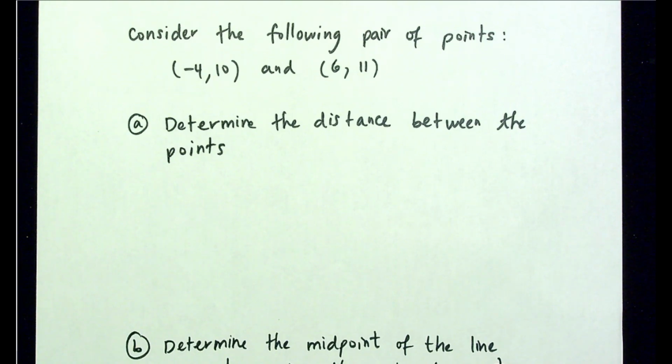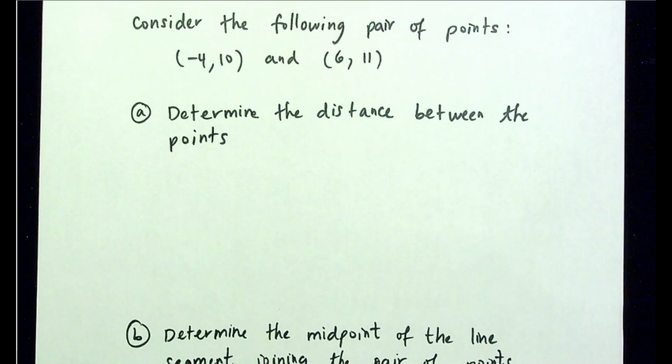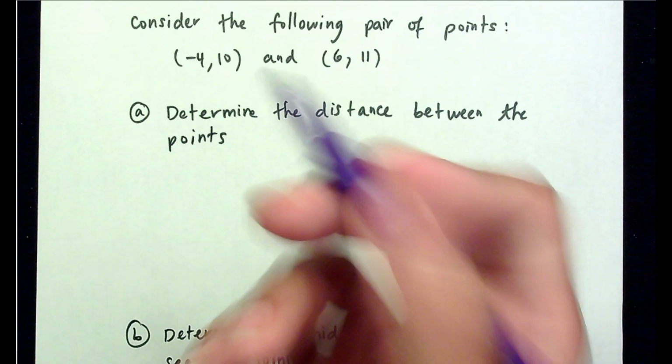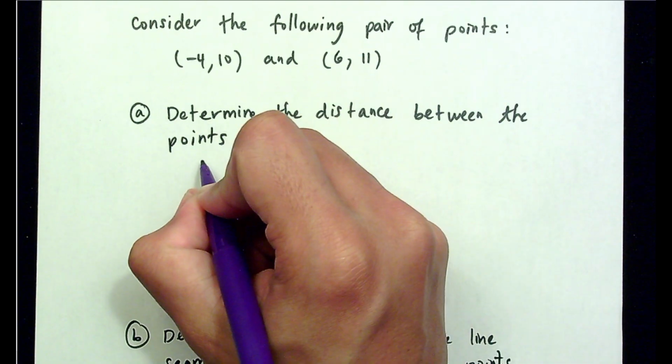Let's now review the distance formula and the midpoint formula. So suppose I have these 2 points, negative 4, 10, and 6, 11. First question, find the distance between these 2 points. For that we just need to use the distance formula. You have to memorize this formula.